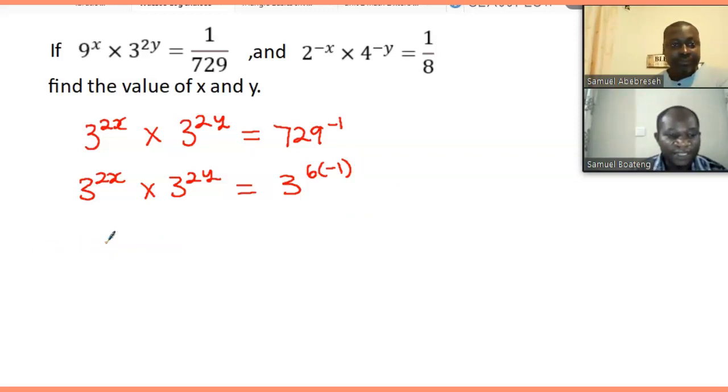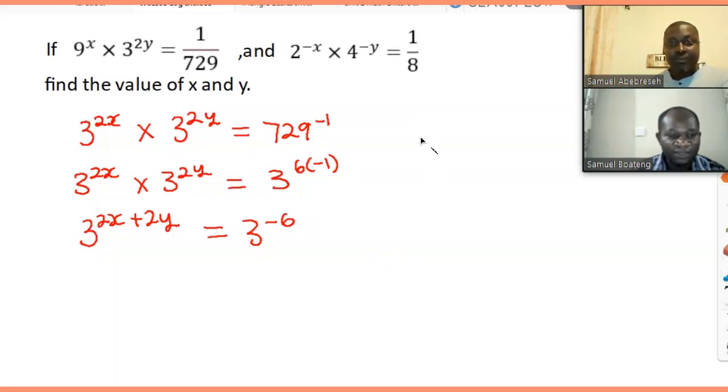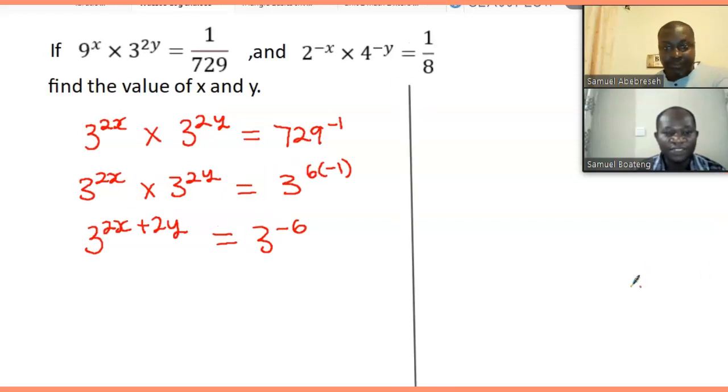So on the left-hand side, we have 2 indices multiplying. According to the laws, when you are multiplying, you add the exponent. So we have 3 raised to the power 2x plus 2y is equal to 3 raised to the power minus 6. So we can comfortably equate the exponent.